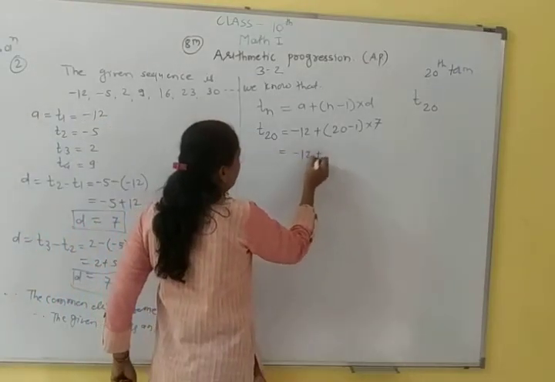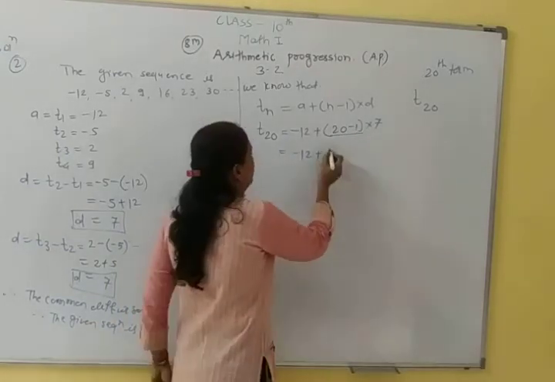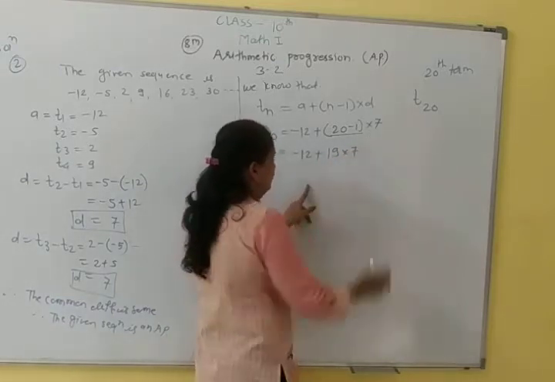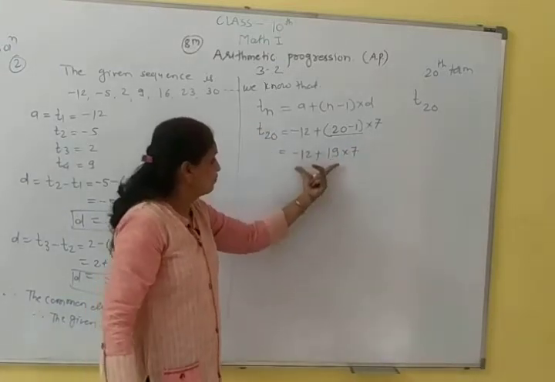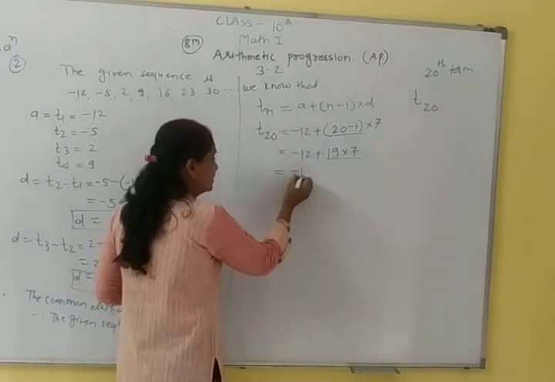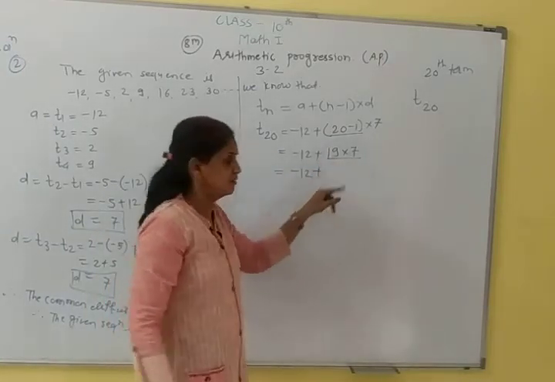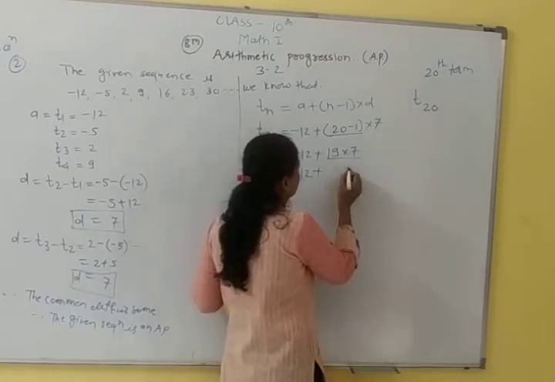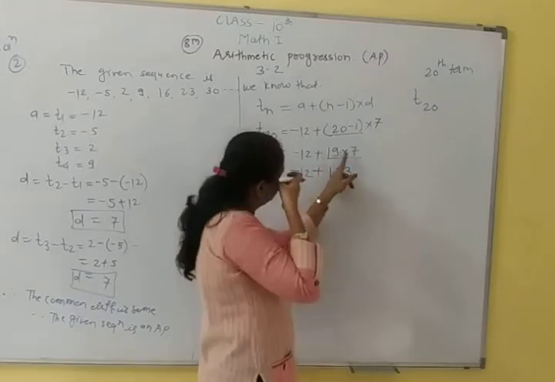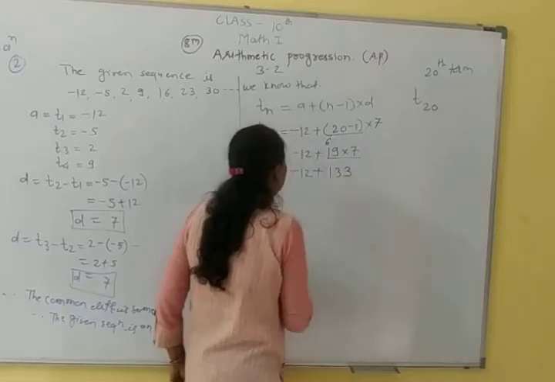Solve this. Minus 12 plus, first we have to solve the bracket. 20 minus 1 is 19, and 19 into 7. In this expression, first solve only the multiplication and then the addition. Minus 12 as it is, plus 19 into 7. 9 sevens are 63, so 133.